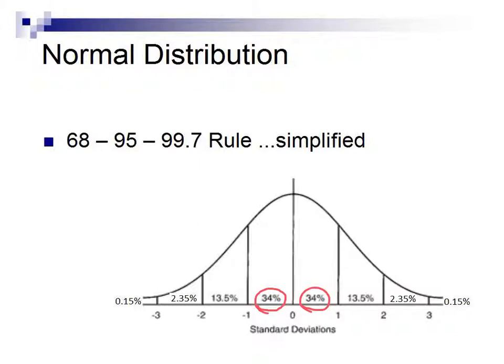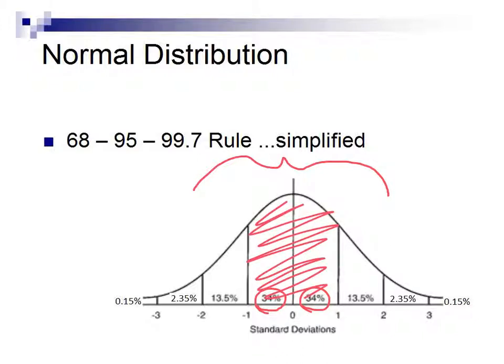Remember that 95% of the data has to fall within 2 standard deviations. Well, of that 95, 68% is right here. So what I do is I just take 95, subtract 68, and that gets me 27% still to use, but I've got to divide it over both of these columns, and so 27 divided by 2 gets me that 13.5.